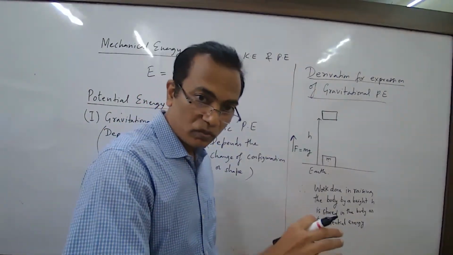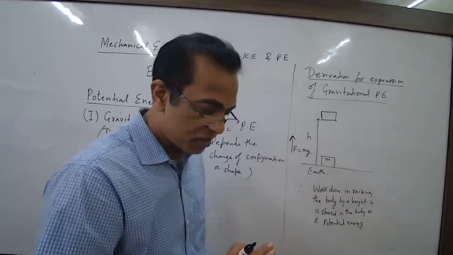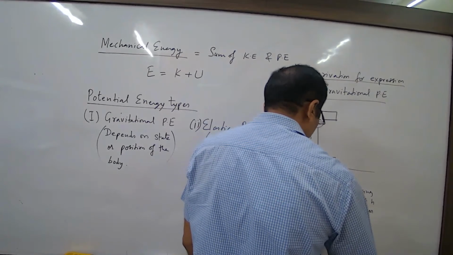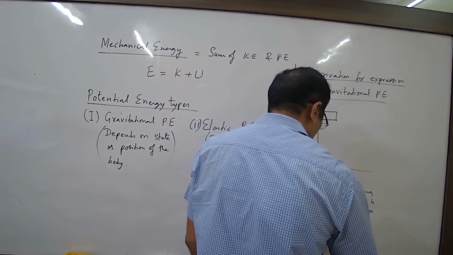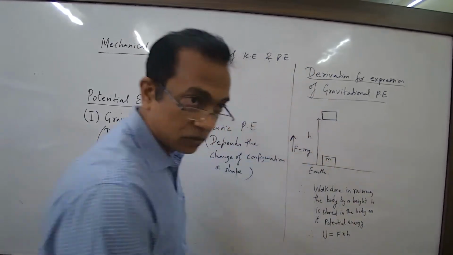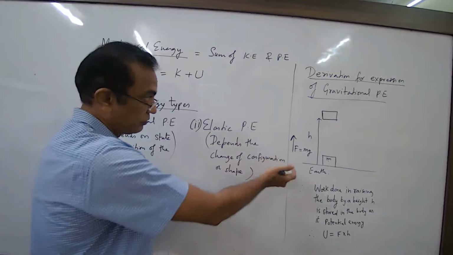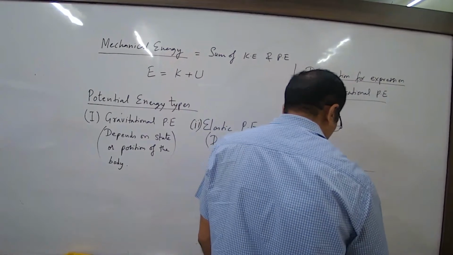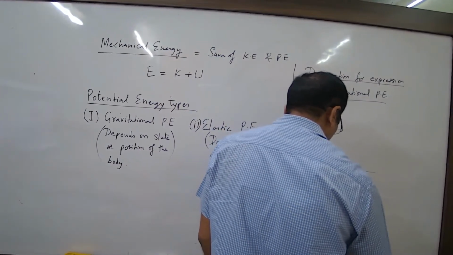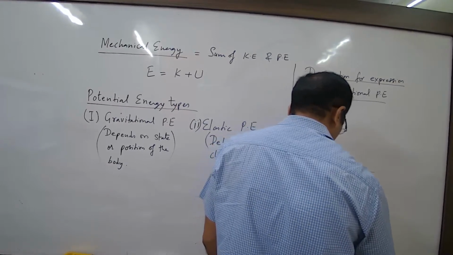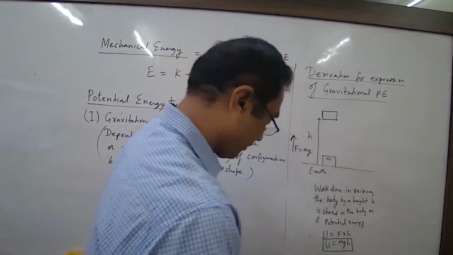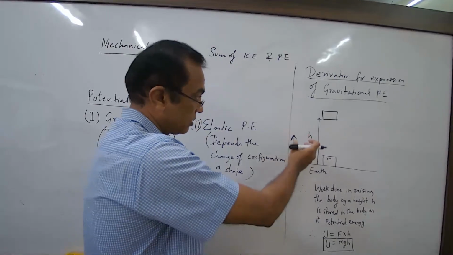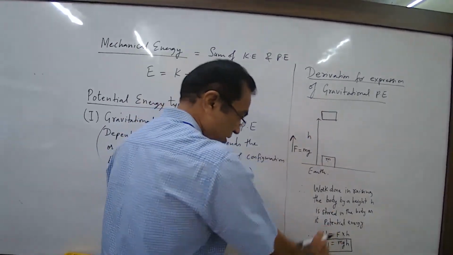When I do work on the body, that work will be stored in the body as its potential energy. So U is equal to work done. Work done is force into displacement. Displacement is h. But what is F? mg. Therefore, U equals mgh. This is the expression for gravitational potential energy. Any difficulty? Work and displacement are in the same direction, therefore it is positive.